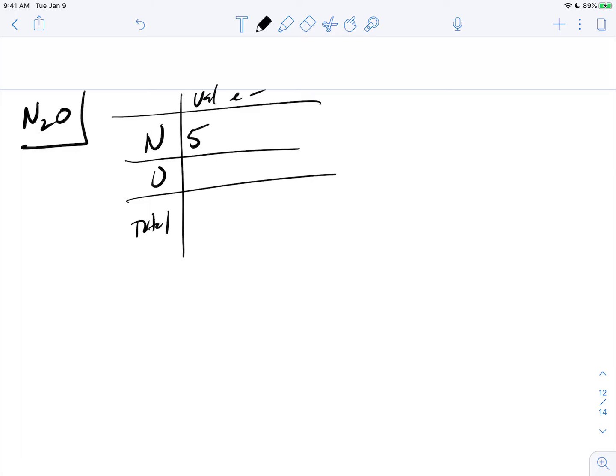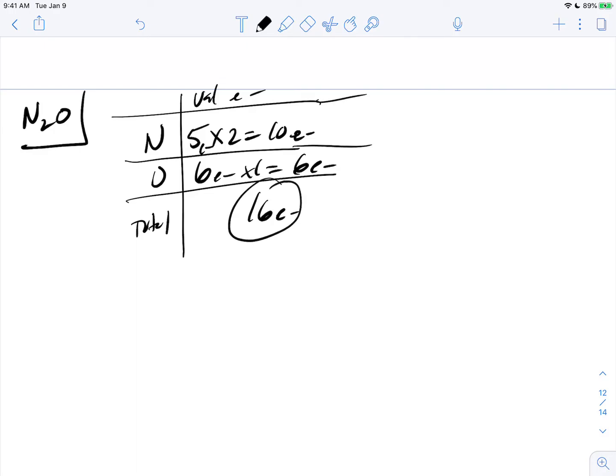Nitrogen has 5. We have 2 of those. That's 10 electrons. Oxygen's got 6 electrons times 1, so that's 6 electrons. So 16 electrons total.